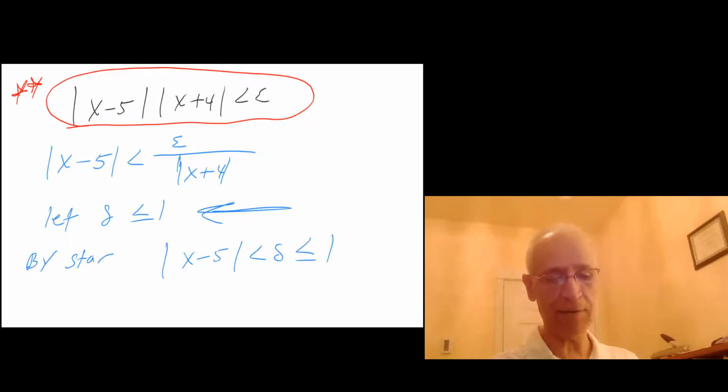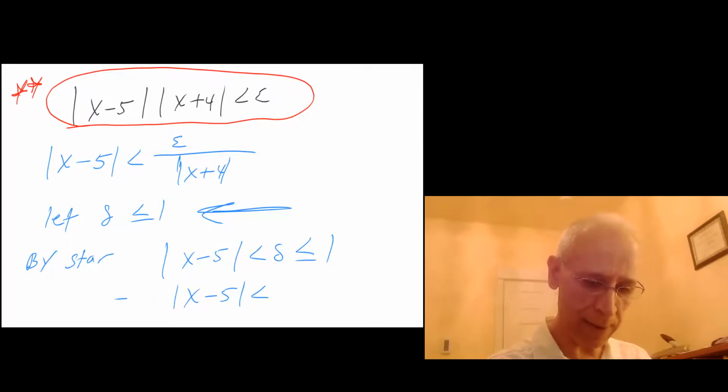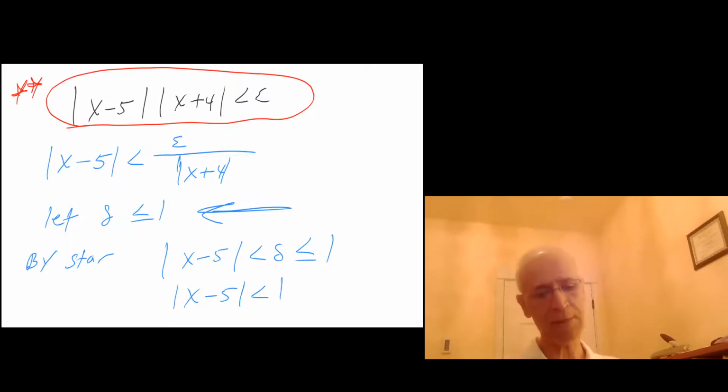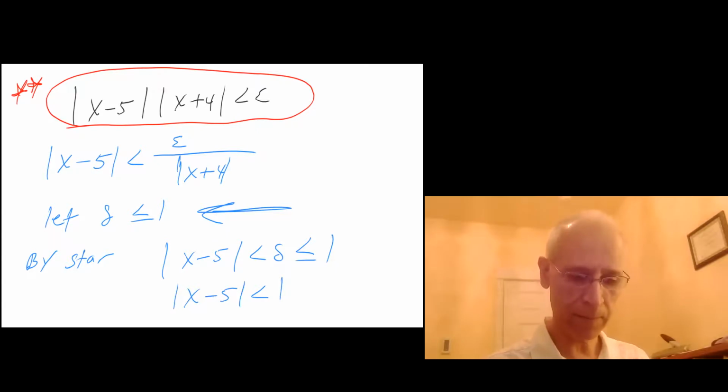If the absolute value of x minus 5 is smaller than delta, and delta is smaller than or equal to 1, delta could be a maximum of 1.